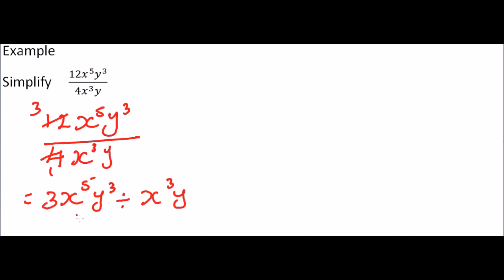Now here we can apply the second law of indices. We have x as a common base, so we can combine that. We start with x, then it will be 5 minus 3.